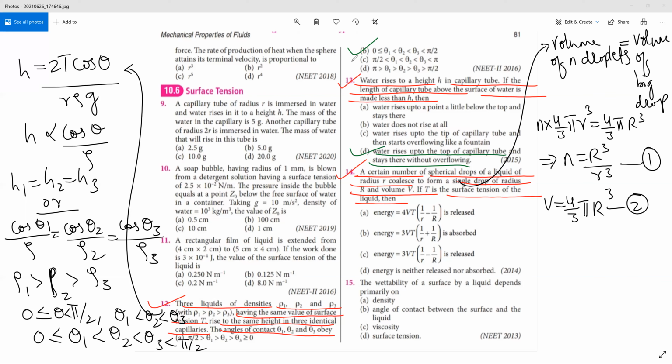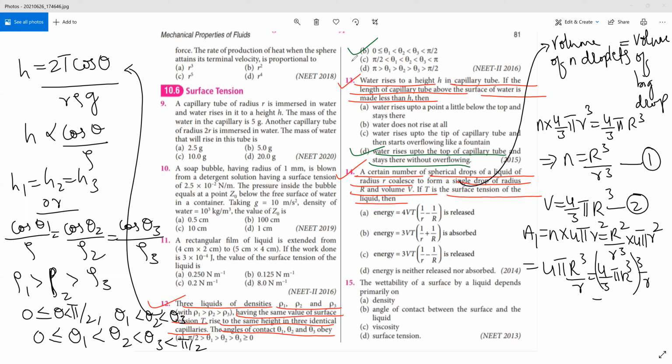Initial surface area of n drops, therefore, A_I is equal to n into 4 pi r square. That's equal to R cube divided by r cube into 4 pi r square. Using equation 1, it becomes 4 pi R cube divided by r. That's equal to 4 by 3 pi R cube into 3 divided by r. So that is equal to 3V divided by r.